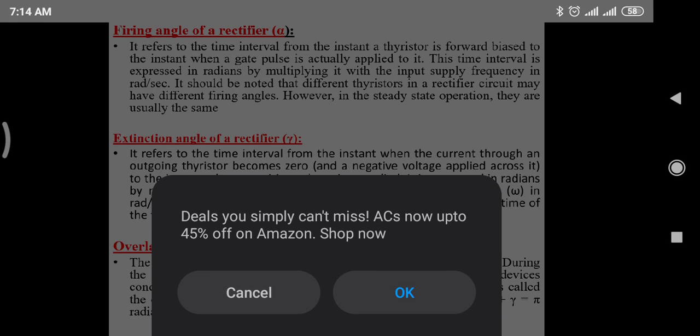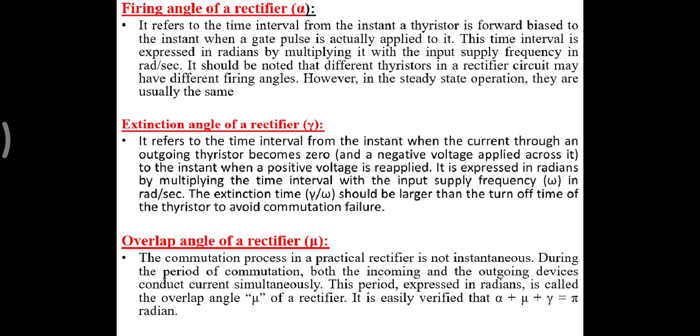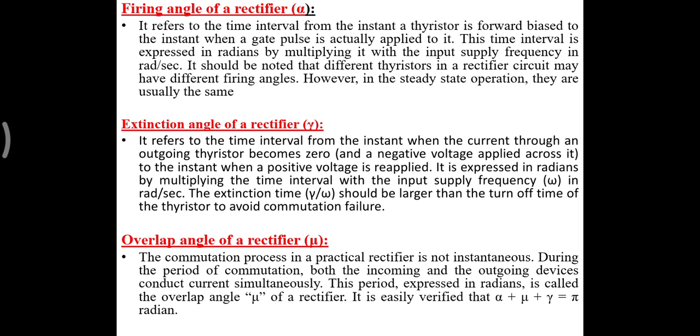Even though when we apply the gate pulse the SCR starts conduction, when the positive cycle reaches 0 the SCR automatically turns off.